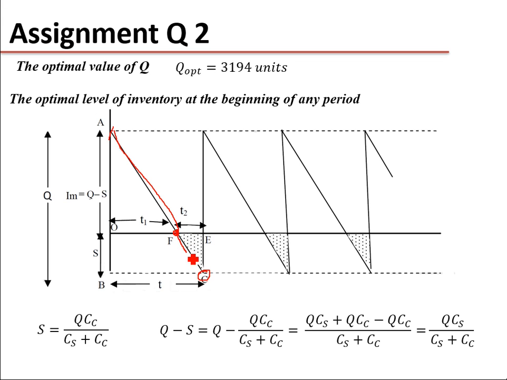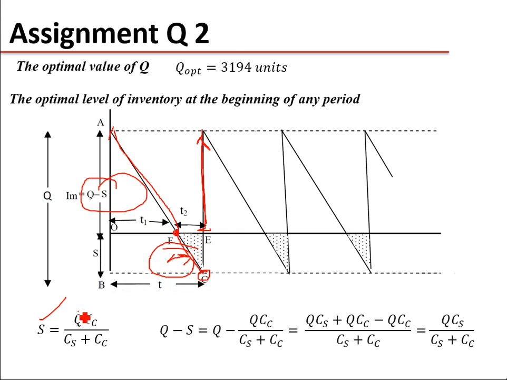Then you take back orders for this many units, and whenever you get the total inventory, you first provide the customers who have already placed their orders in advance. That means the rest of the quantity is now in the inventory. That means Q minus S is the quantity in the inventory, and S we already know is the shortage part.